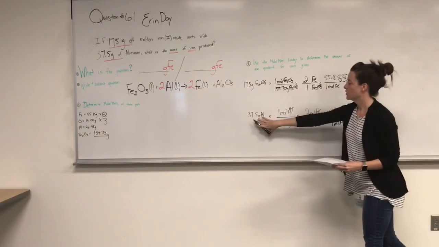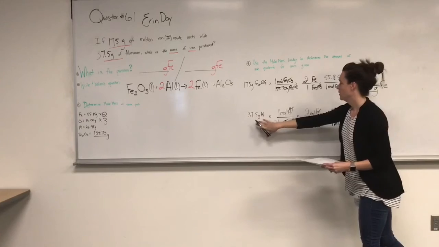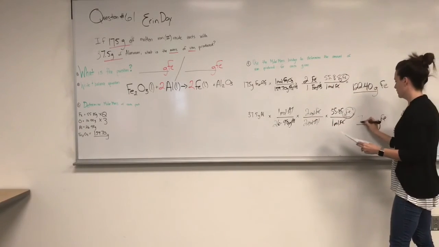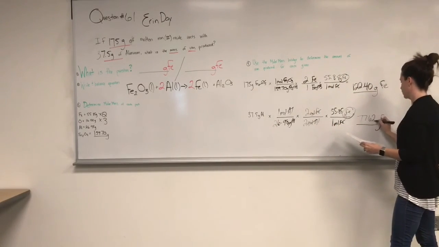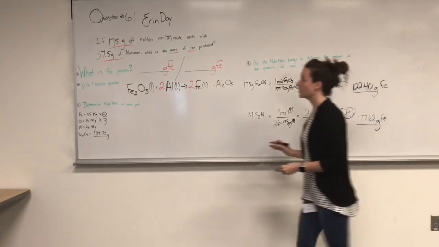And when the multiplication is done on a calculator, we get an answer of 77.62 grams of Fe, of iron.